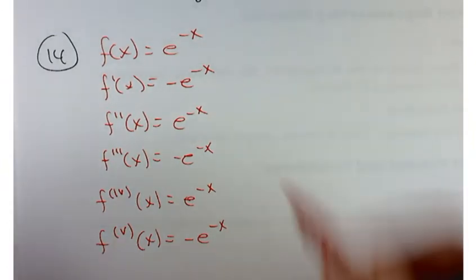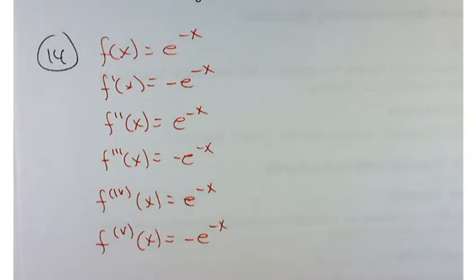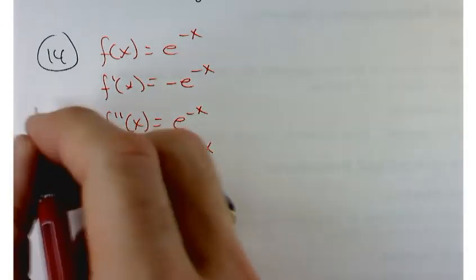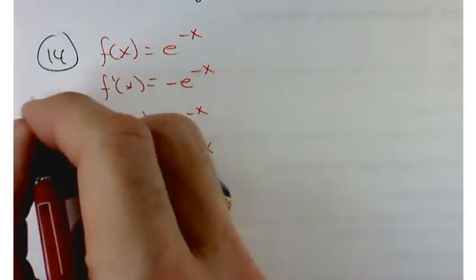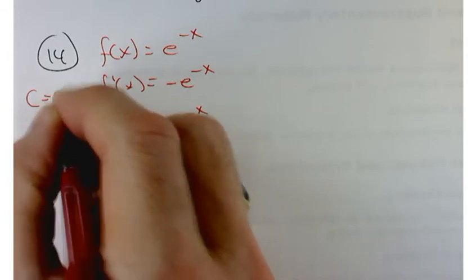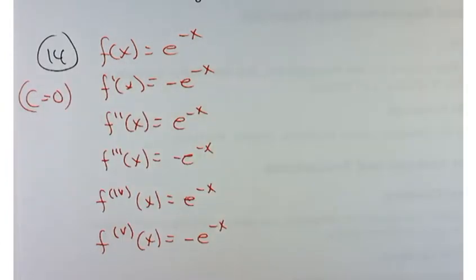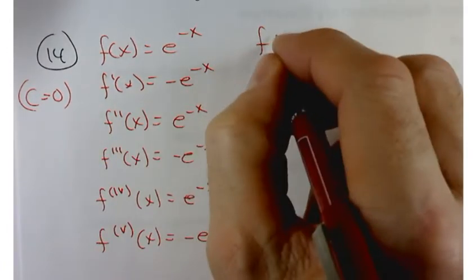The other thing I need, in addition to the derivative, is the value of the function at our center. Now with the Maclaurin series, the center is c equals 0. Maclaurin series are named after a Scottish mathematician, Colin Maclaurin. So at c equals 0, let's find all these values.